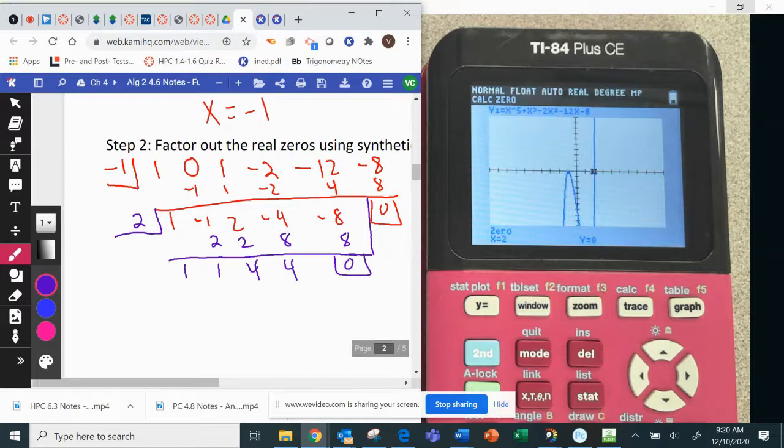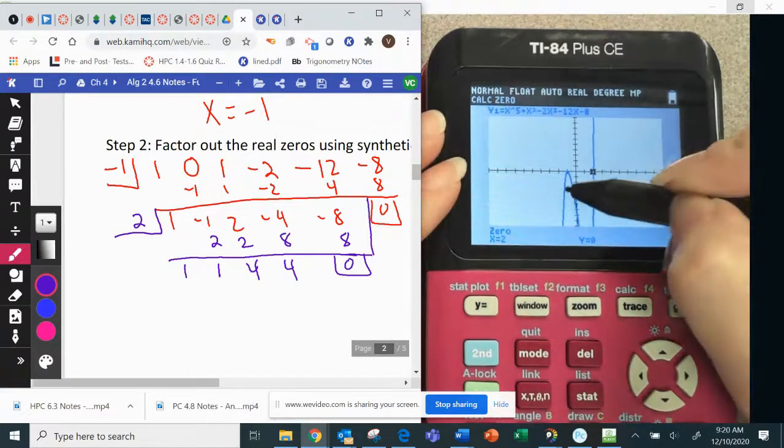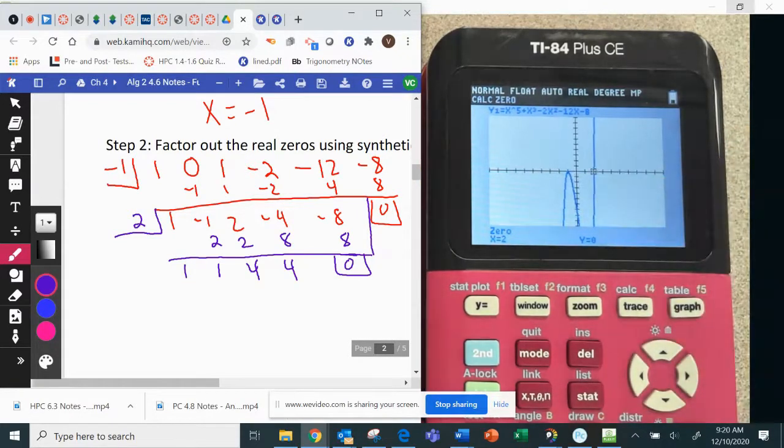Tessa? -1. But didn't we already have -1? Perfect. If it makes that parabola shape, that means there's a repeated solution. That means that -1 happens more than once.